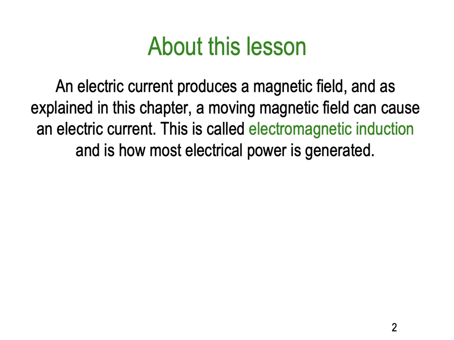In this lesson, an electric current produces a magnetic field, as explained in the previous chapter and previous lessons. So a moving magnetic field can cause an electric current. This is called electromagnetic induction, and it's how most electrical power these days is generated, certainly in large quantities.